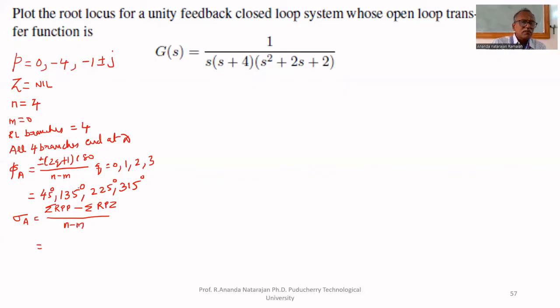Sum of real parts of poles equal to minus 6, minus 0, divided by 4. That is how much? 3 by 2. Minus 3 by 2 or minus 1.5.